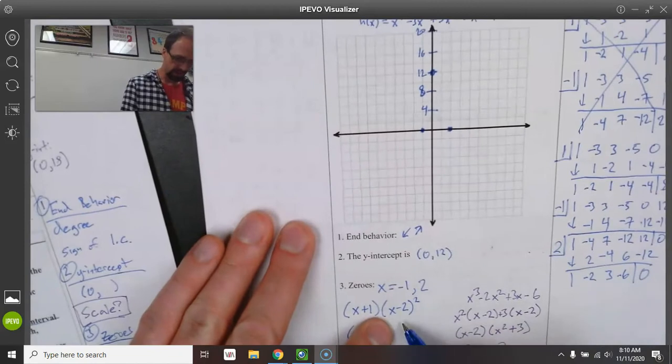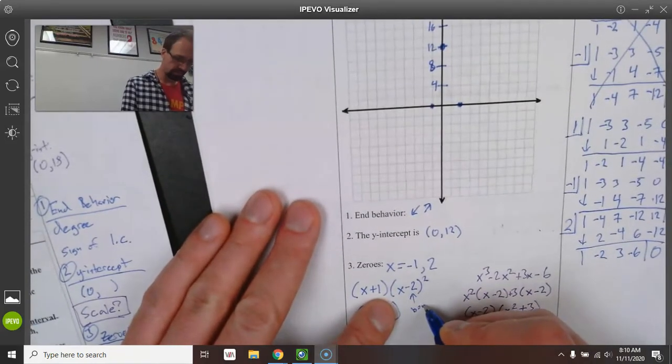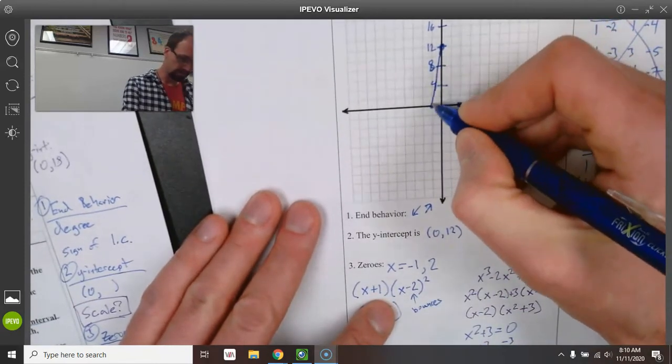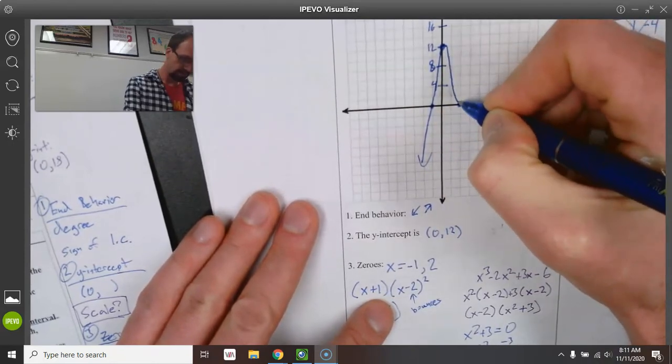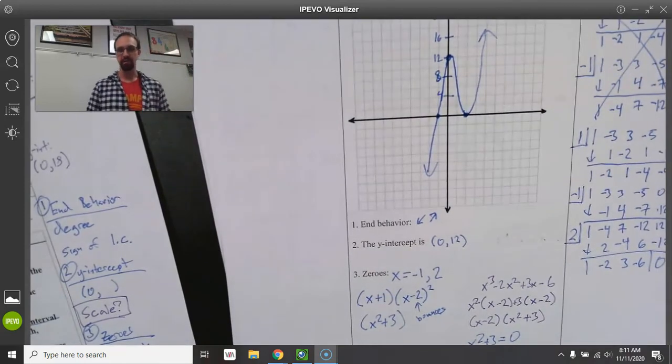So here, I know at this point it bounces. That helps. So I'm going to go down here, and then bounce, and then up. Again, this is a very rough shape of this graph.